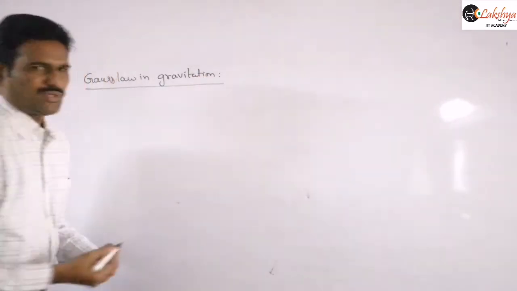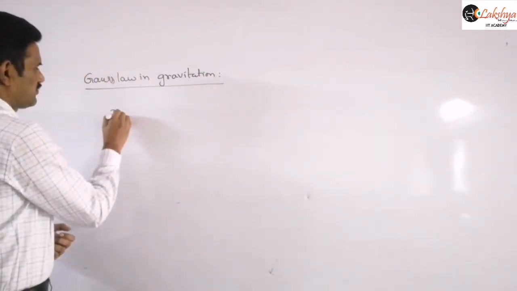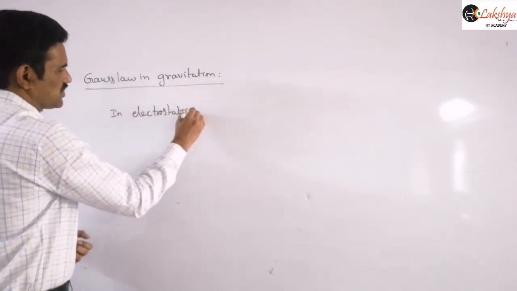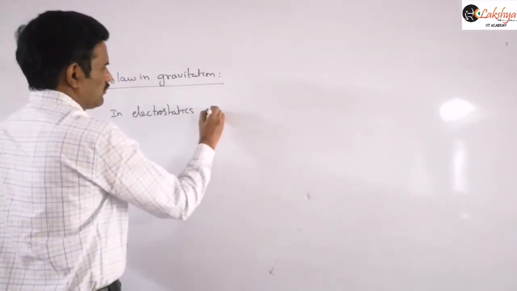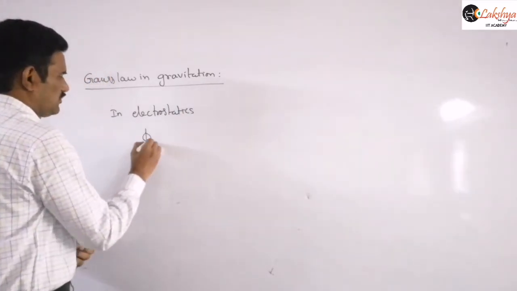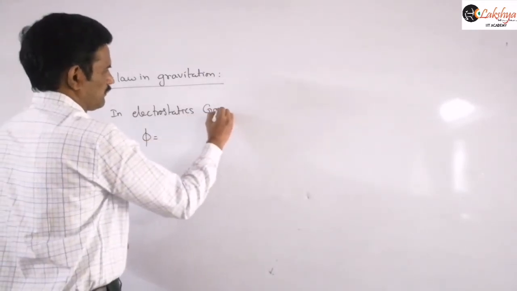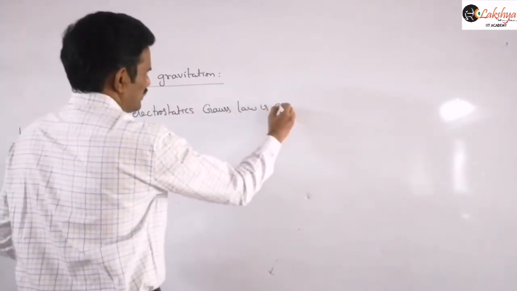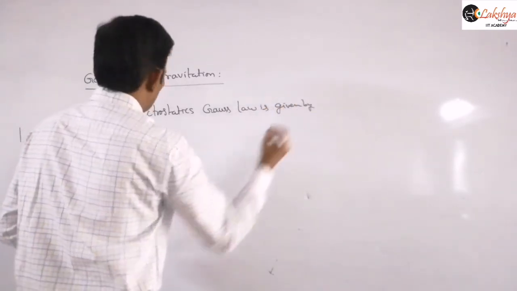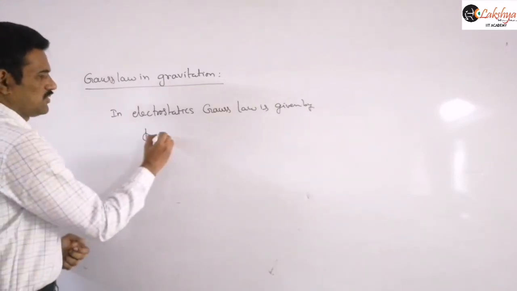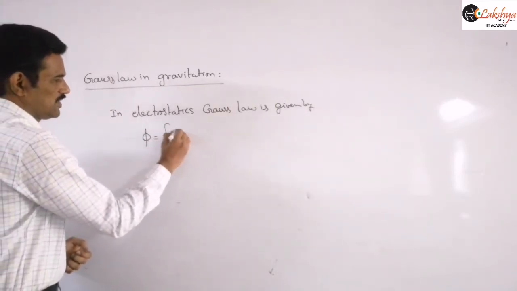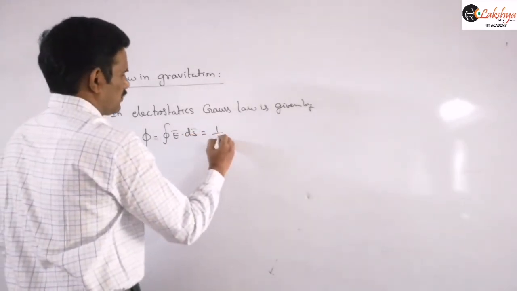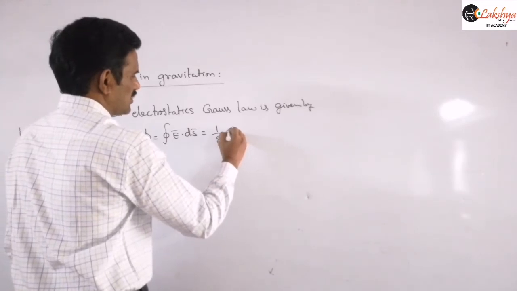We know in electrostatics we define the electric flux like this. Gauss law is given by: the electric flux, which we can write as the integral of E bar dot ds bar, is equal to 1 by epsilon naught times the charge enclosed.